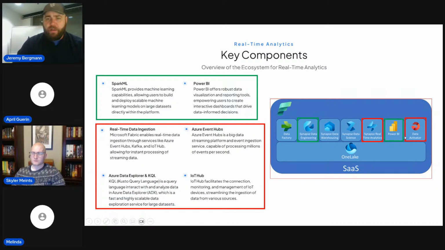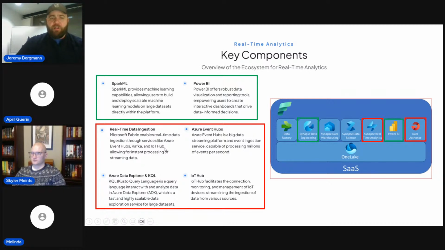But you also have the additions of your data alerting and your real-time analytics, your real-time intelligence. So you have real-time data ingestion through services like Azure Event Hubs and IoT Hubs.